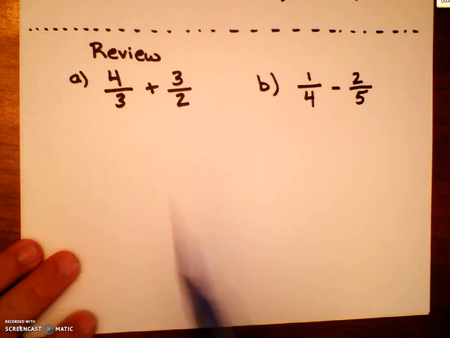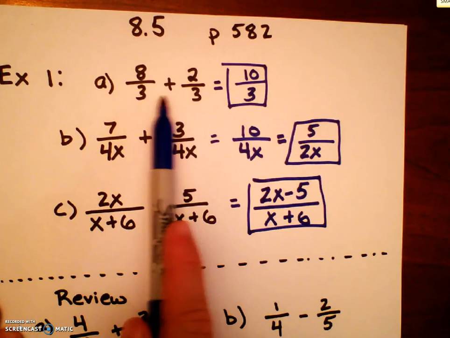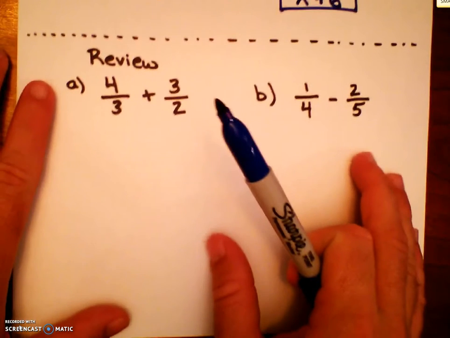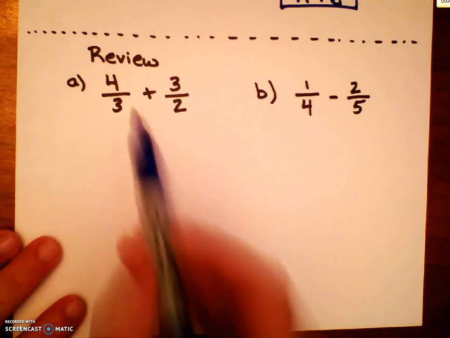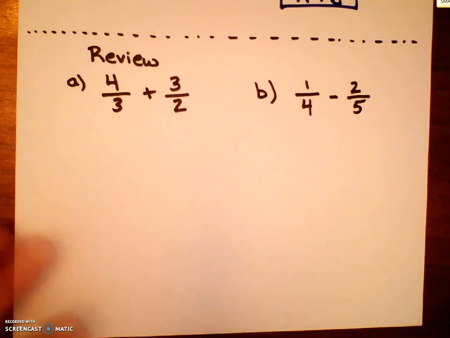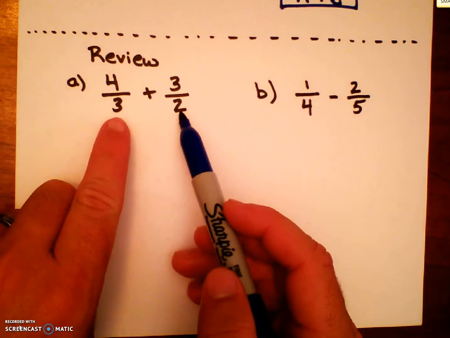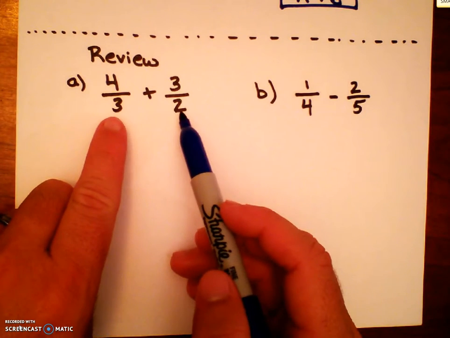Now this is a little bit different than the one we had up here. 8/3 plus 2/3 had the same denominator, so that wasn't too hard. This one is a little bit more difficult because we don't have common denominators. So what we're going to do is make them the same. Between 3 and 2, a common multiple, not a factor, but a common multiple, is 6.